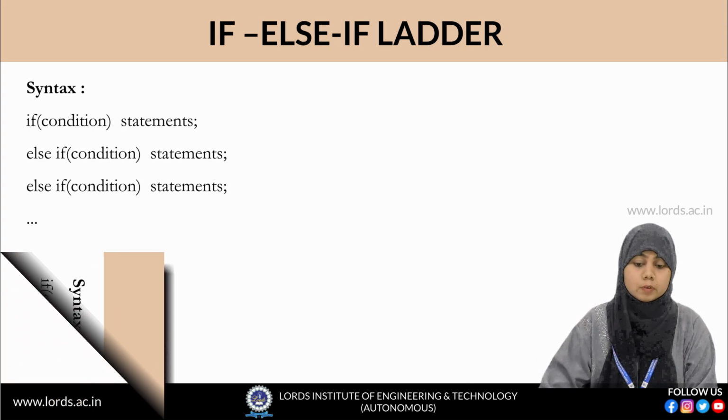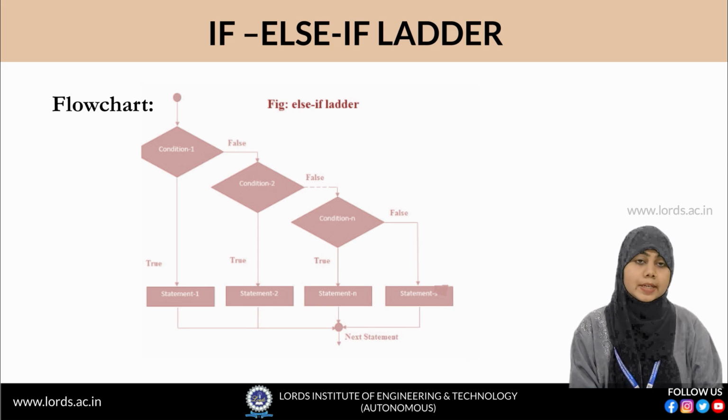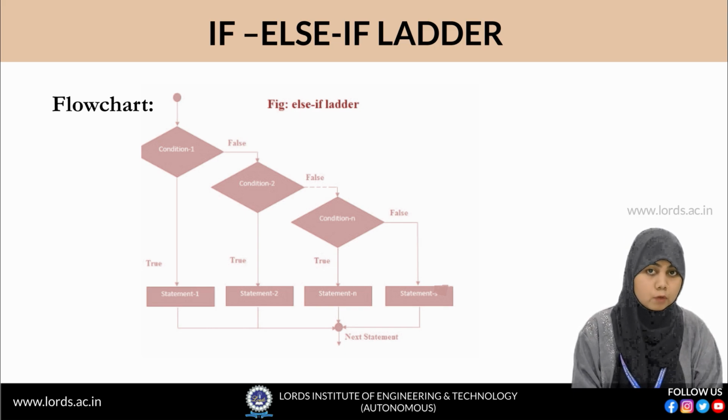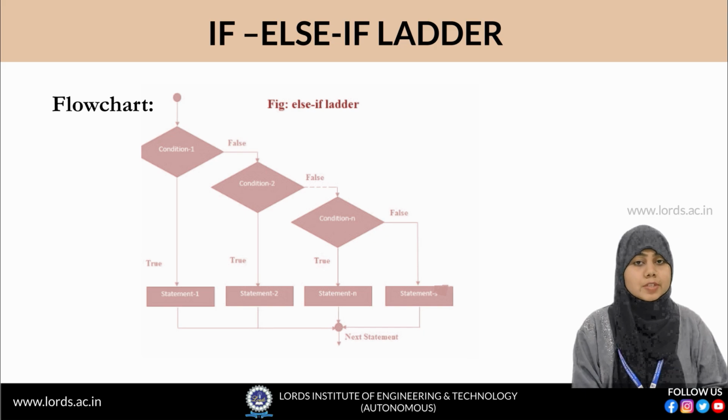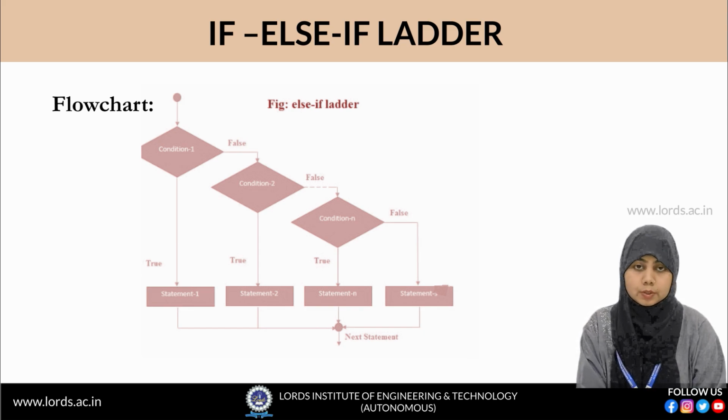We will see a flowchart. We have the first if statement and condition 1. If that condition is true, then the statement written inside that block is going to execute. Or else, if the if condition is wrong, it goes to the second else if condition. If the second else if condition evaluates to true, then that statement is executed.